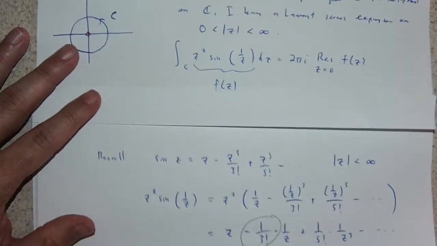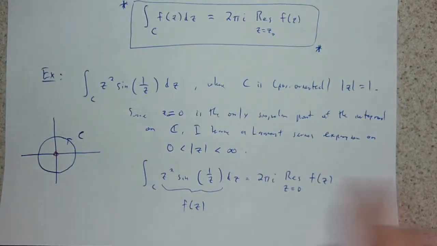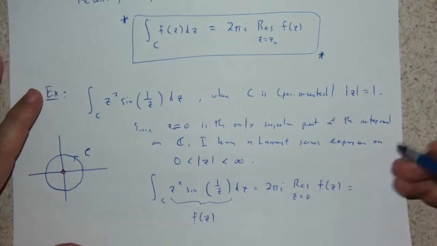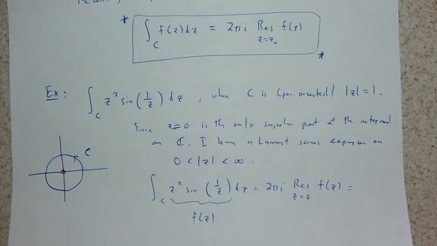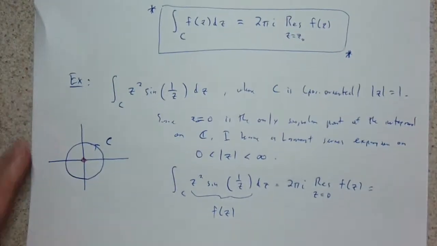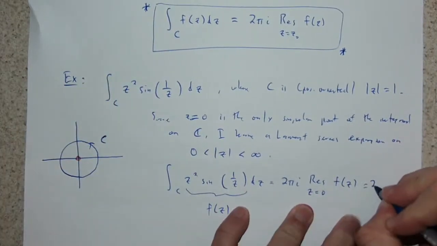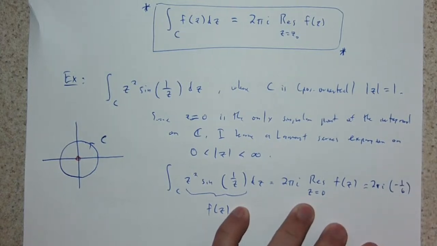And so, using this fact, this is 2 pi i times minus 1 over 6. So this is minus pi i over 3.